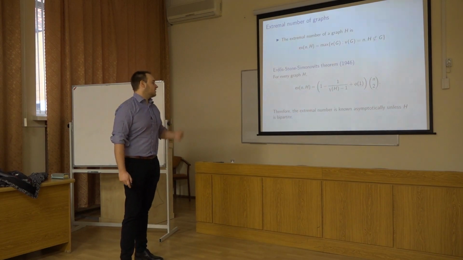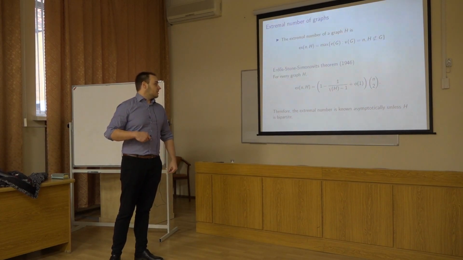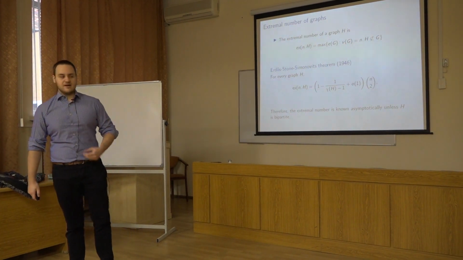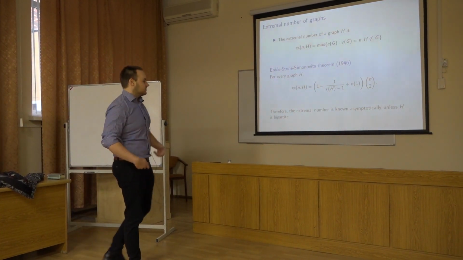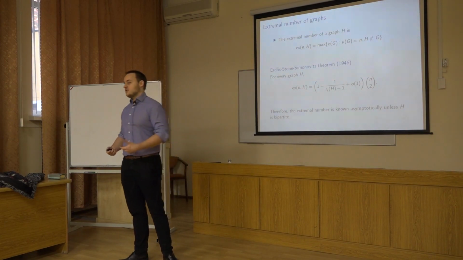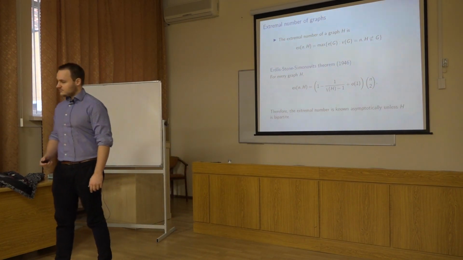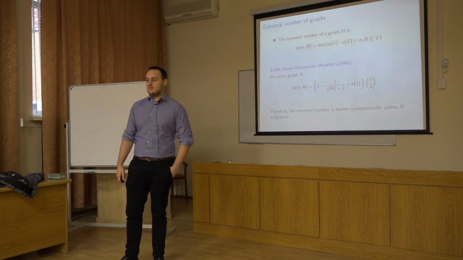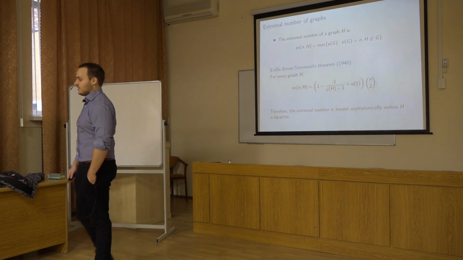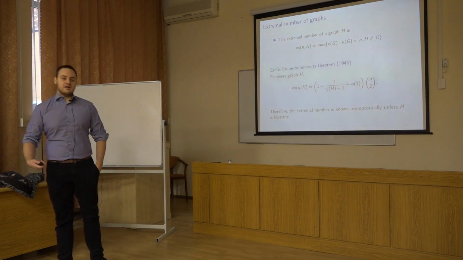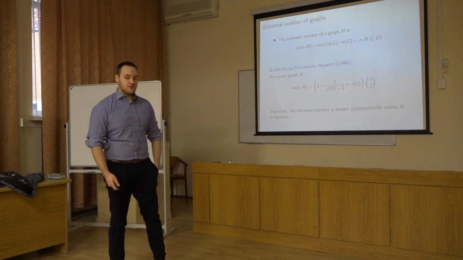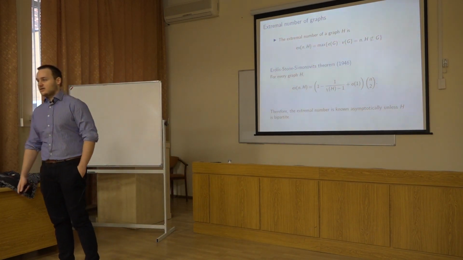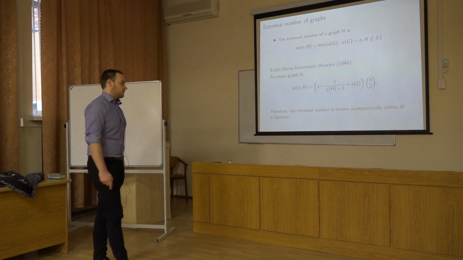In case H is a bipartite graph, this formula gives o(n choose 2), so o(n²), and we would like to know some stronger result in this case. In particular, there are not many bipartite graphs where this extremal number is known exactly, and in fact one of the most important open problems, or more like projects, of graph theory is to understand these extremal numbers.